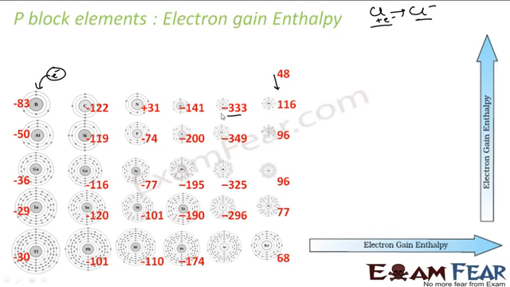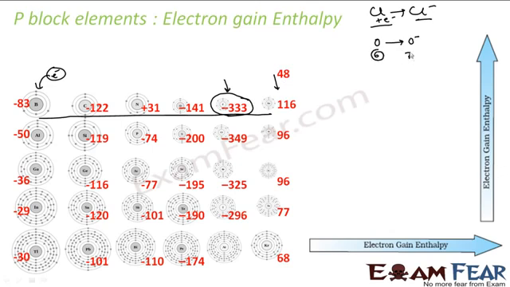See, fluorine has the highest negative value. That means fluorine gives the maximum energy back. Why? I'm comparing the halogens now, going from left to right. If we talk about oxygen, oxygen has 6 valence electrons in the outermost shell.